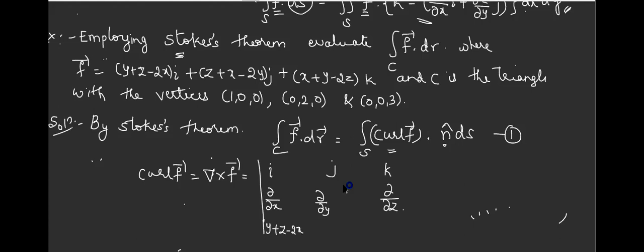The i j k coefficients of F should be written: y plus z minus 2x, z plus x minus 2y, x plus y minus 2z. Just expand this. Leave the row and the column. What is the derivative of x plus y minus 2z with respect to y?